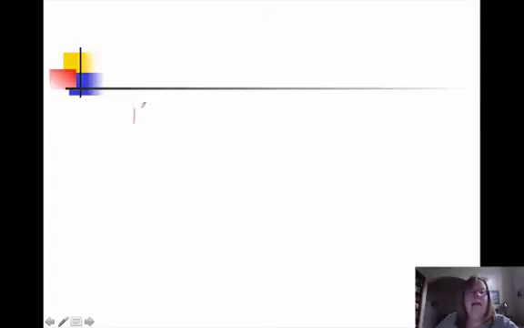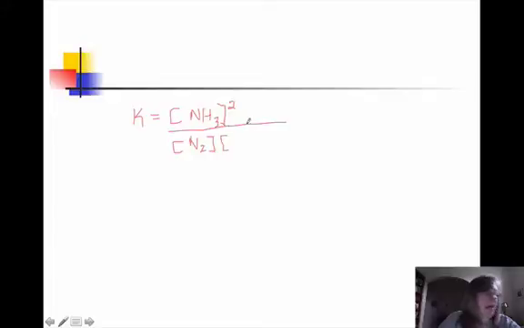So K is equal to our product, which is the ammonia concentration, and that's what we're trying to solve for. And it's squared because of that coefficient in the balanced equation, divided by our nitrogen concentration at equilibrium that was given to us, times the hydrogen concentration at equilibrium that was given to us cubed.